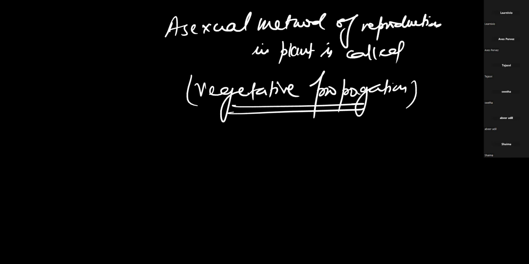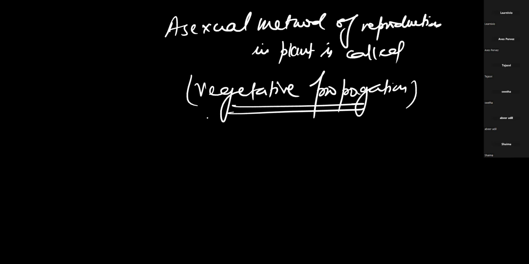We can simply say that vegetative propagation is the method of producing new plants in which we are able to produce new plants from their vegetative parts, not using their reproductive organs.